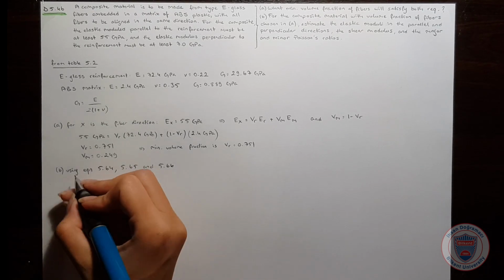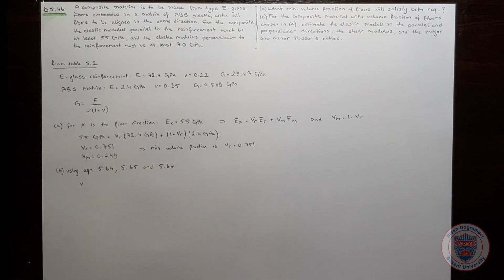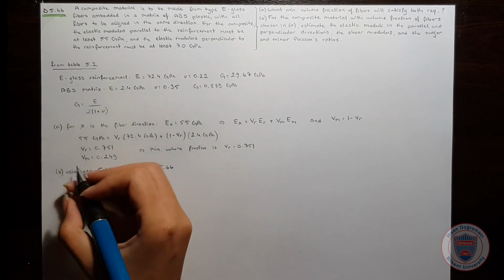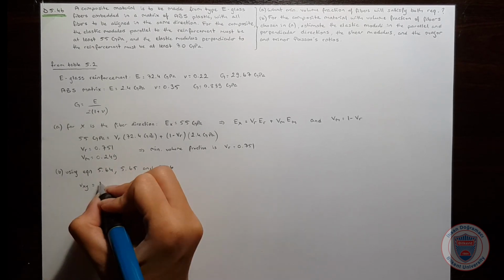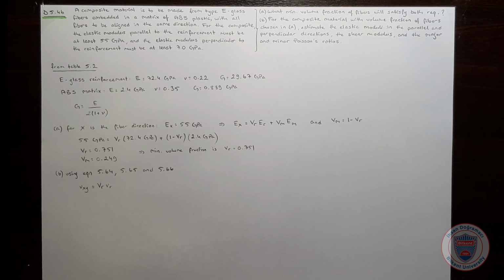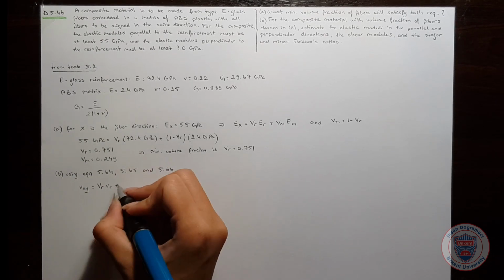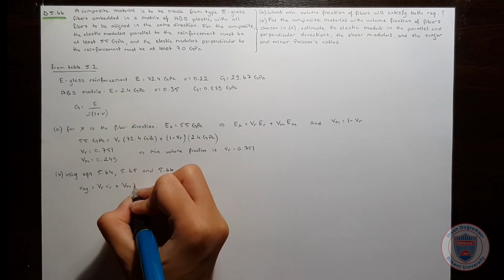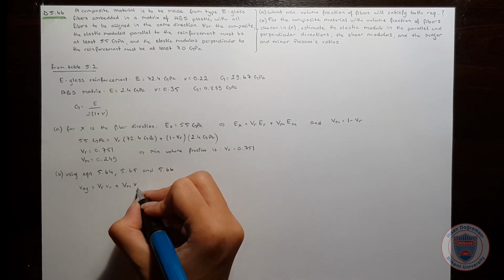We have that Poisson's ratio xy is equal to volume fraction for reinforcement times Poisson's ratio for reinforcement plus volume fraction for matrix times Poisson's ratio for matrix.